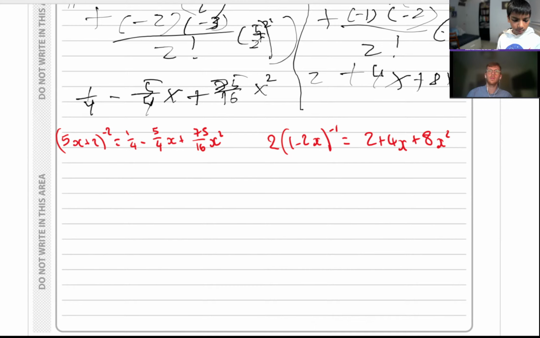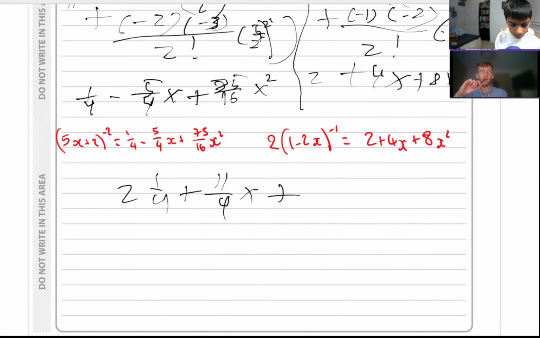So if we add them together, then we get 2 1/4. It's 11 plus 11 over 4 x. 203 over 16.